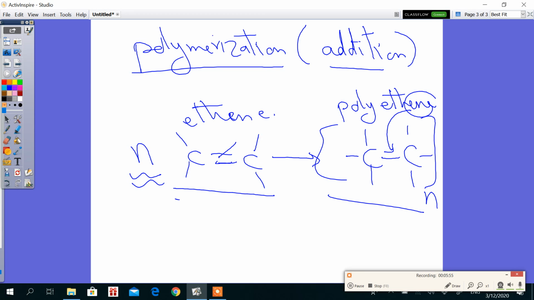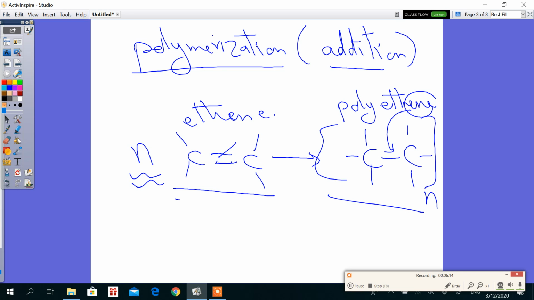We also have LDPE, CPE and HDPE. These have different properties from ethene.